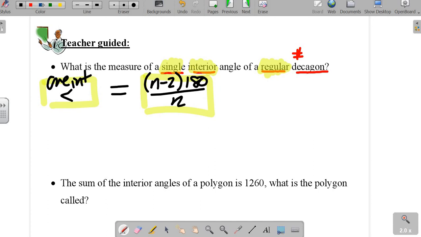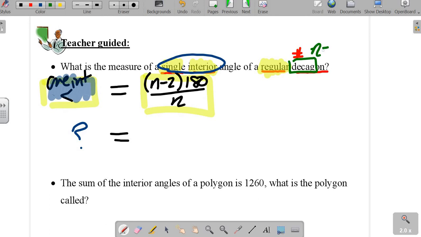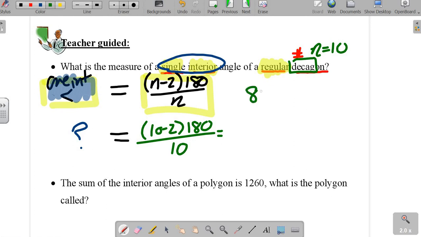Now, we look at what we've been given. We want to find a single interior angle, so this is our unknown. We put our question mark here. We come over here. Deca means our n is 10. So we go like this, 10 minus 2 times 180 over 10. We're going to do this longhand without a calculator because we're smart like that. 10 minus 2, that's going to be 8 times 180 over 10.